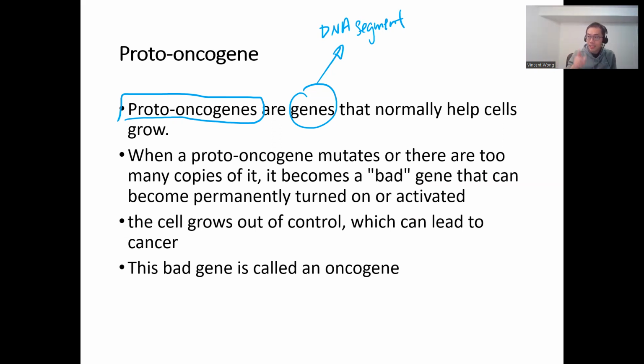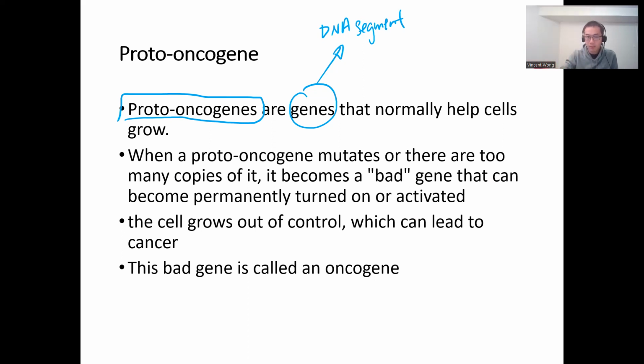And because genes are DNA and DNA can change, when it mutates, when it changes, or sometimes if you have too many copies of it, then the proto-oncogene becomes a bad gene. And this bad gene is permanently turned on, or permanently activated. Think about the green lights.